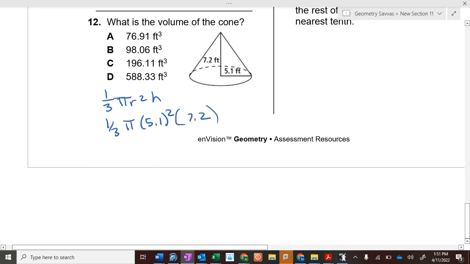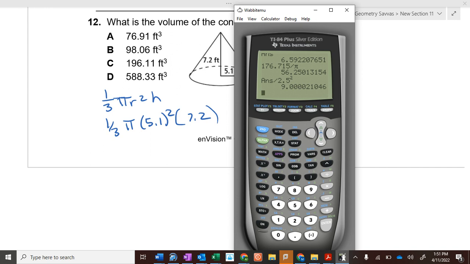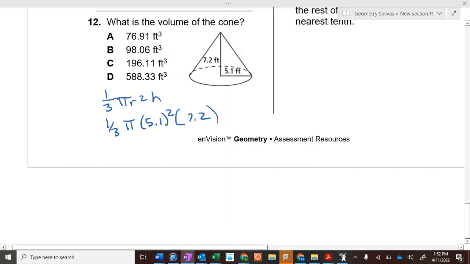Just type it in the exact way you have it written down under your calculator. 1/3 times pi times 5.1 squared times the height. And you get an answer 196.11. That is C. We good?